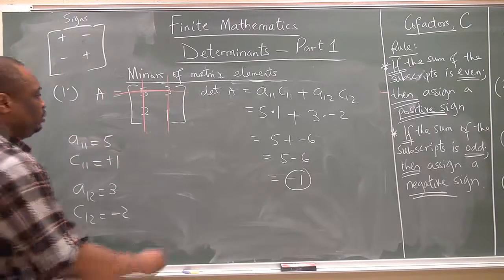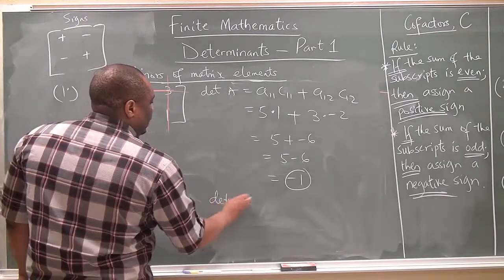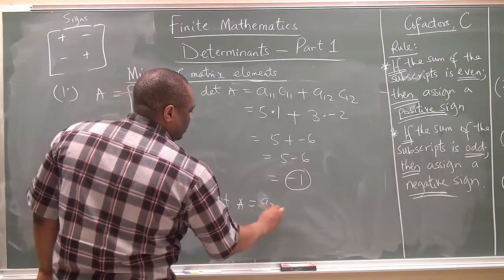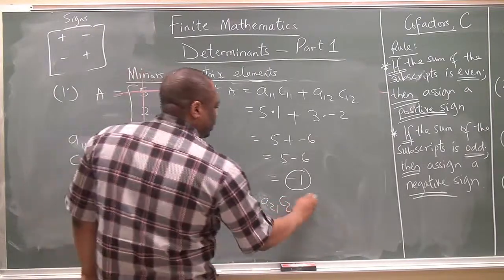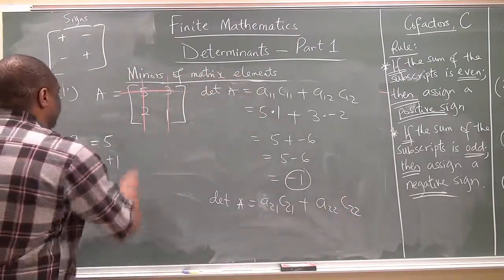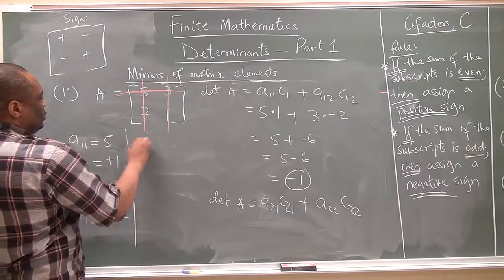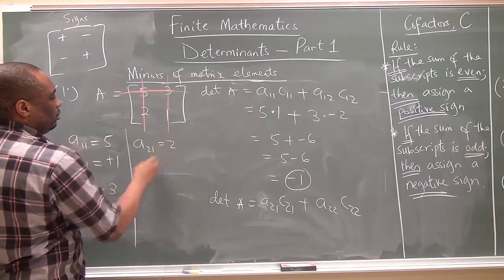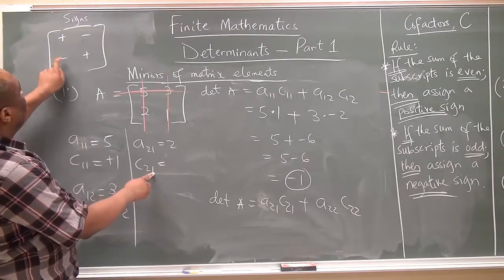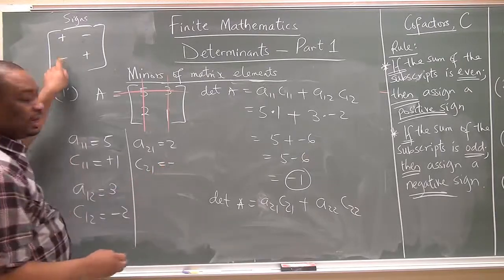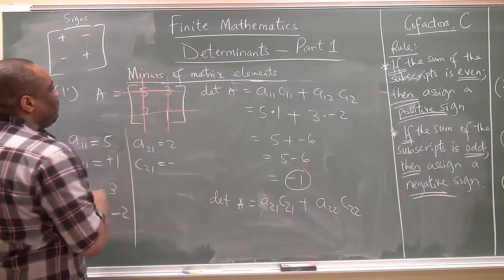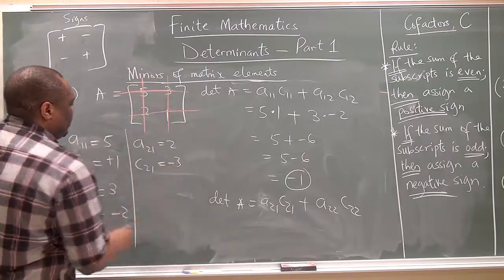If we do that, what do we have? If we use determinant A to be A21 C21 plus A22 C22. Okay, so A21 is 2. C21, 2 plus 1 is 3, minus, so that should be minus 3.